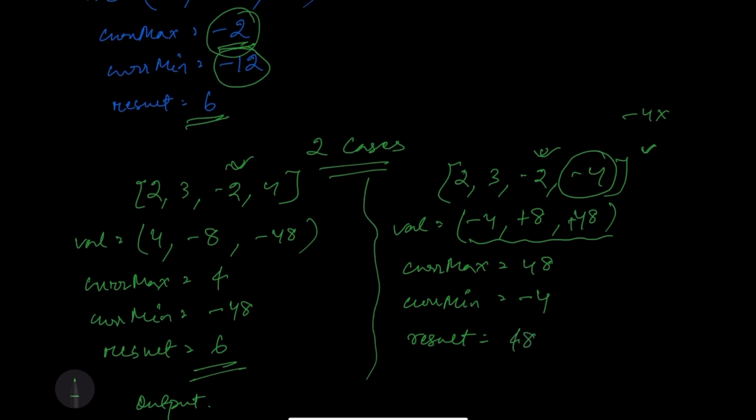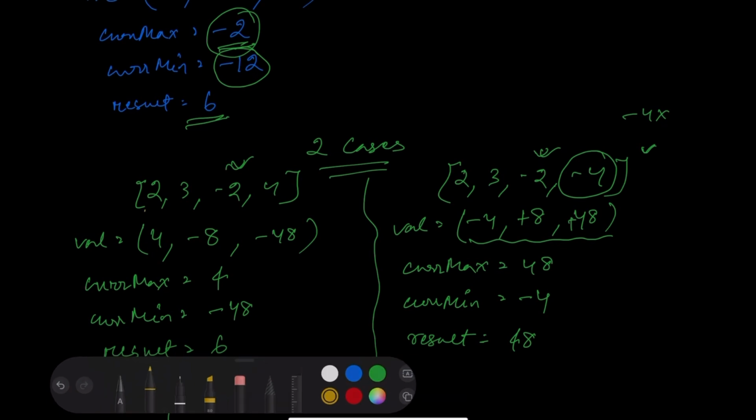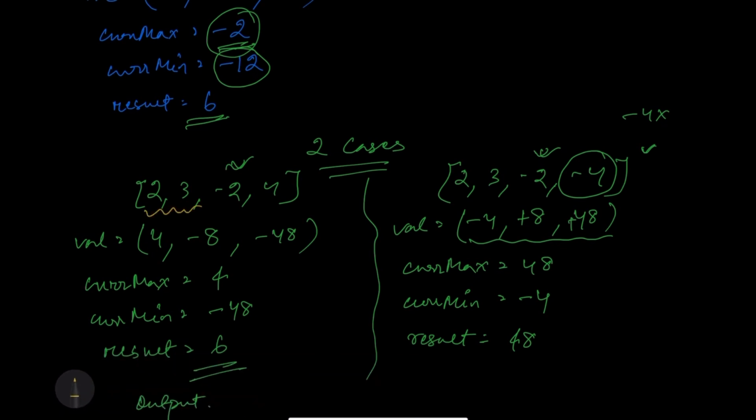Now which should be our maximum product subarray? If it was the first question which is in our Leetcode, it was this. But now our maximum product subarray has changed into this. So this is how you would solve this question, maximum product subarray.